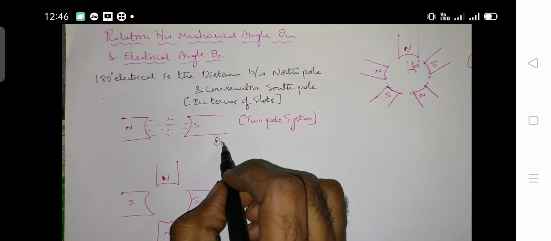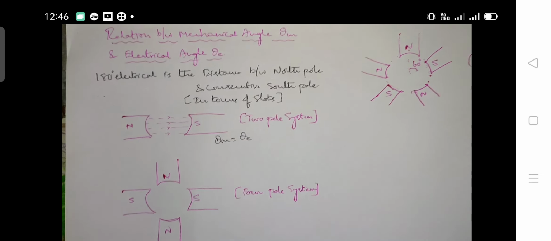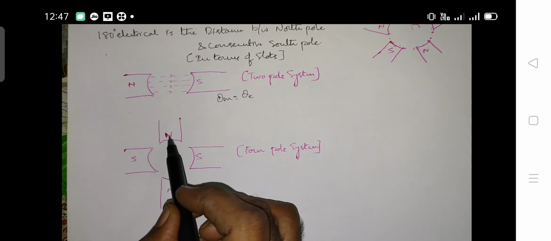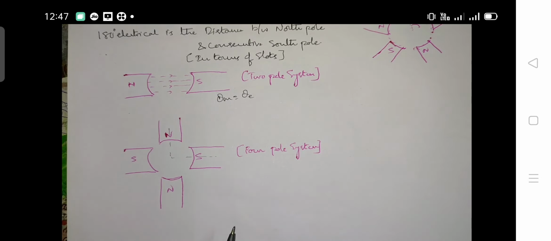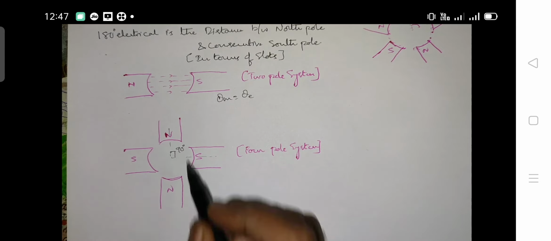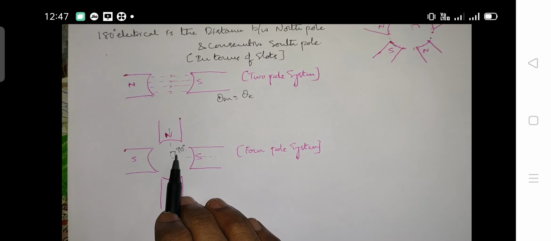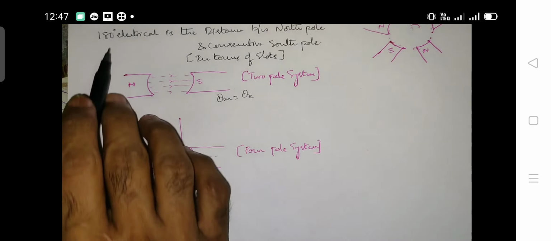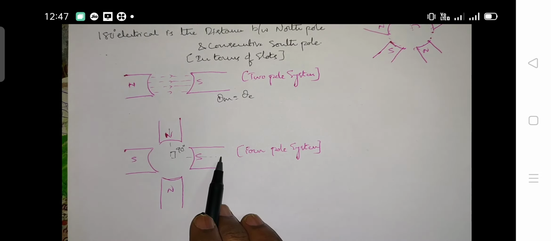So here theta m is equal to theta e. And when you consider a 4-pole system, the mechanical angle between the north pole and the consecutive south pole will be equal to 90 degrees, whereas this 90 degrees is equivalent to our electrical 180 degrees, because it constitutes the distance between one north pole and one consecutive south pole.